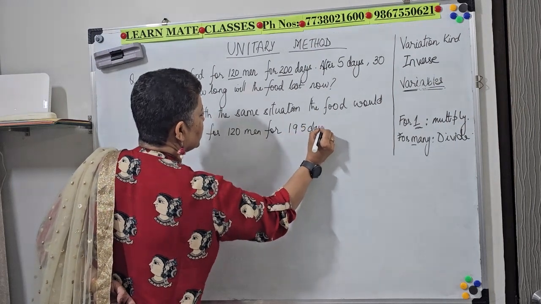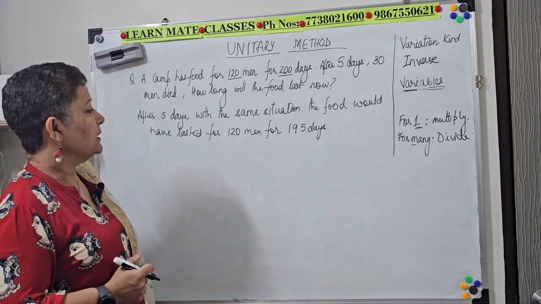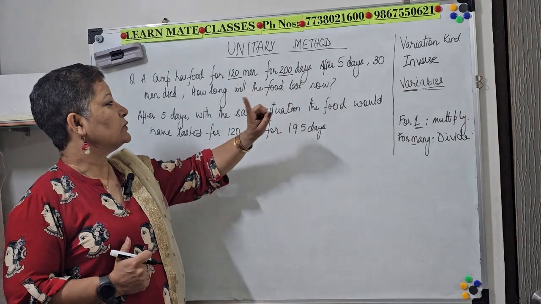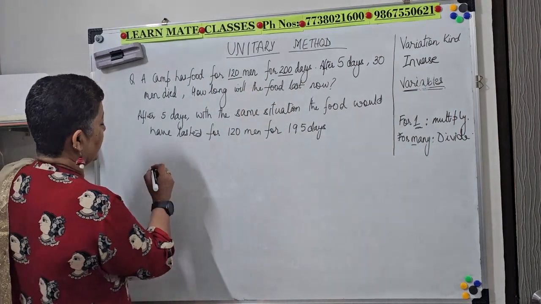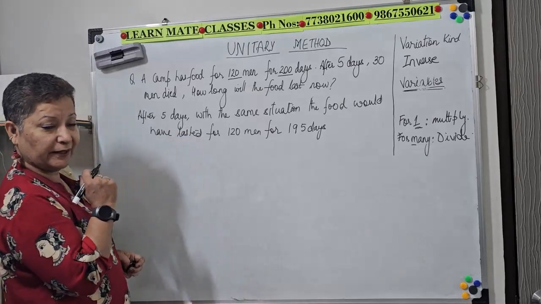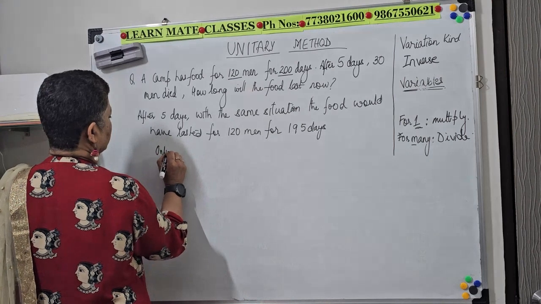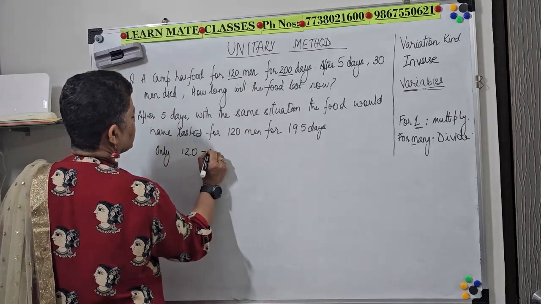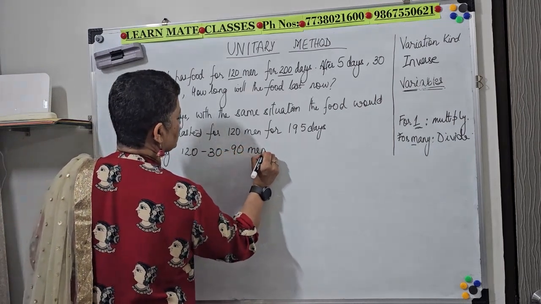Because 5 days have passed. But at that time, sadly, out of those 120 men, 30 men died. How many men are left? 120 minus 30, that is 90 men are left at that time.